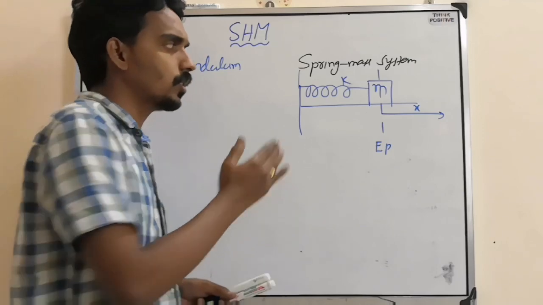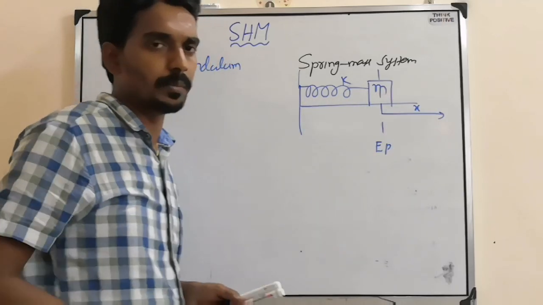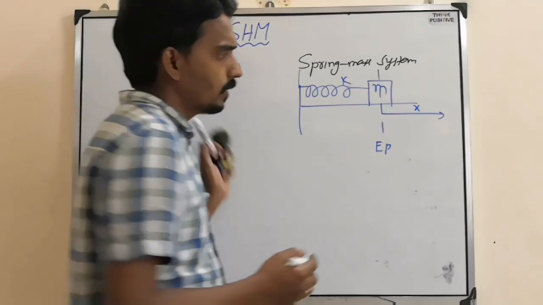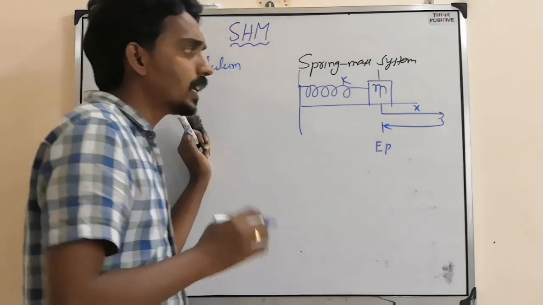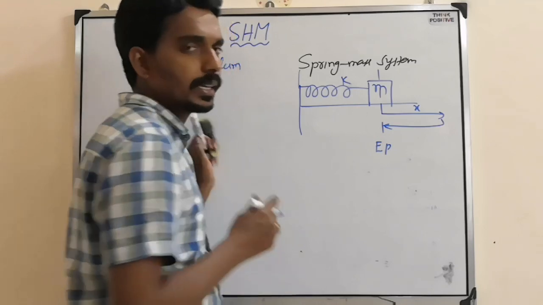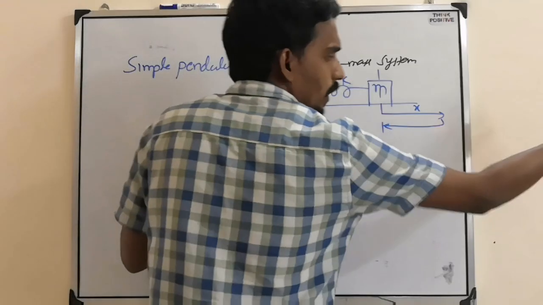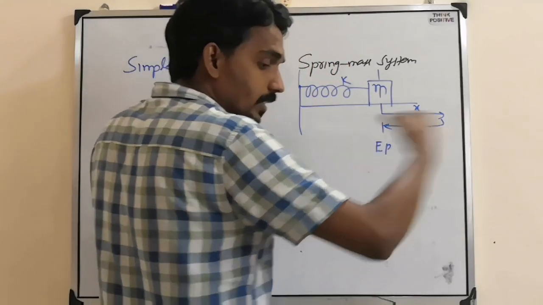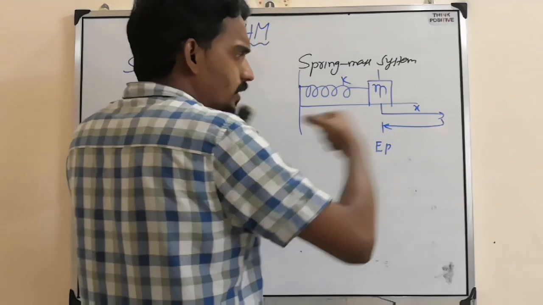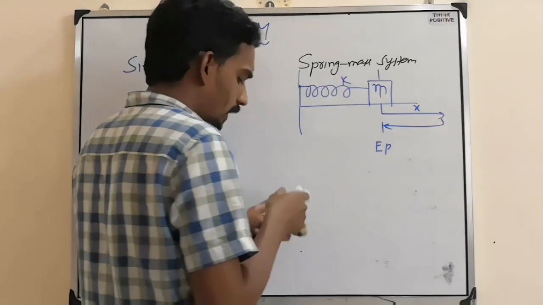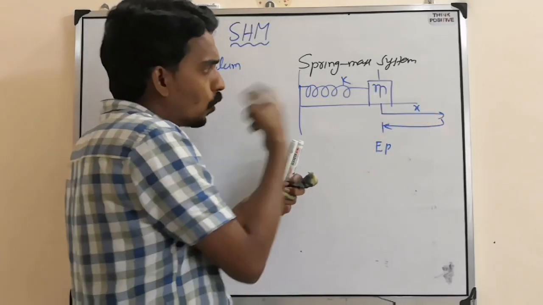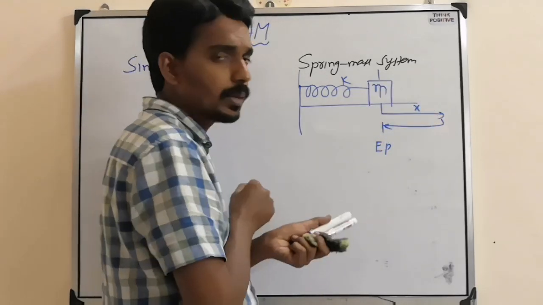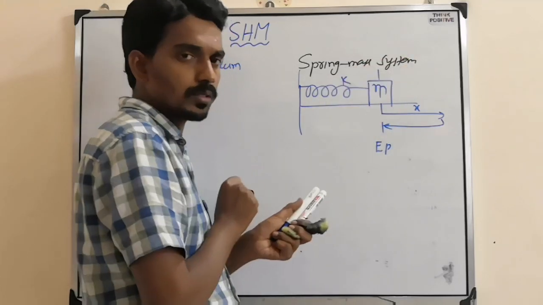As I said, first you need to displace it from the equilibrium position. Then of course it will come back. Because of what force is it coming back? You pull it, then the spring will stretch. As the spring stretches, spring force will develop in the opposite direction. So who will pull the mass towards equilibrium again? The spring force.